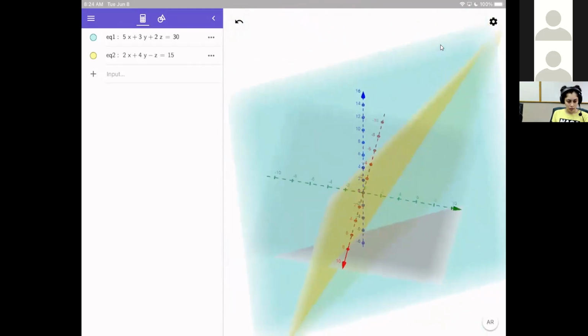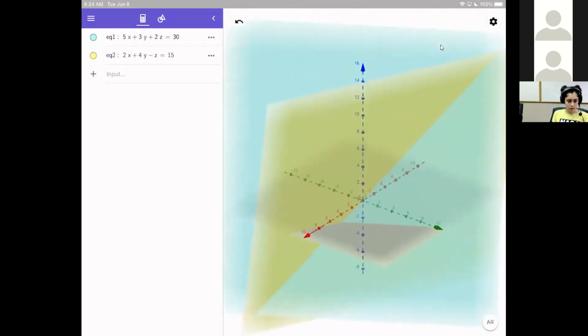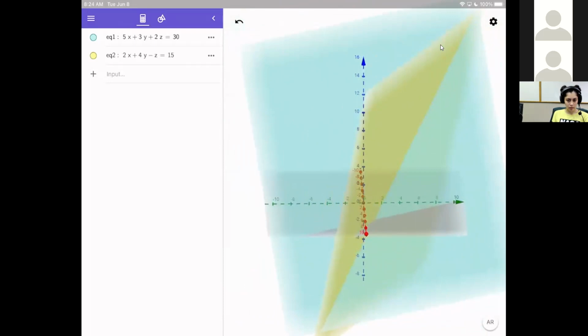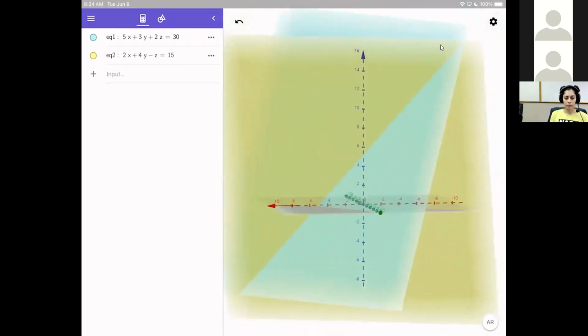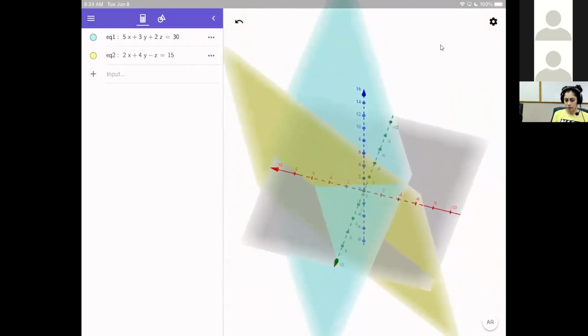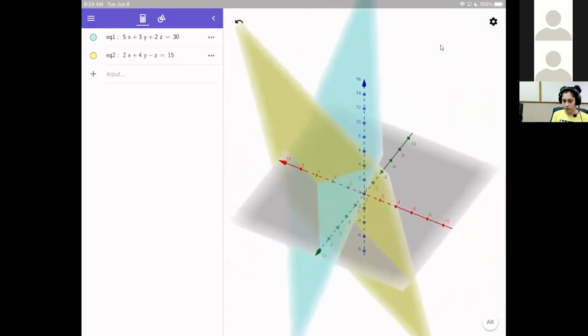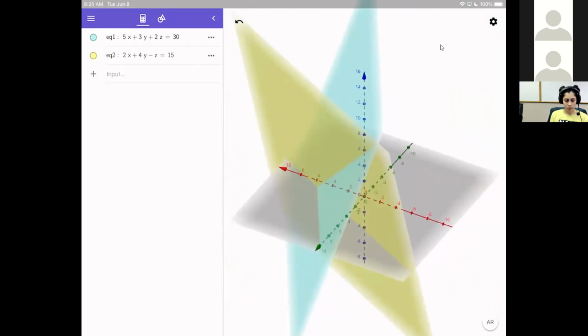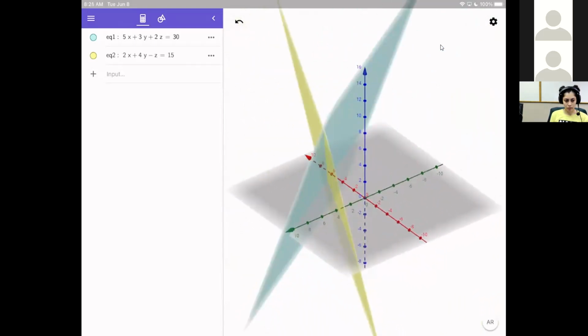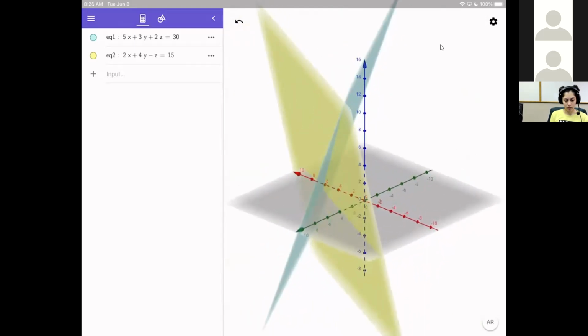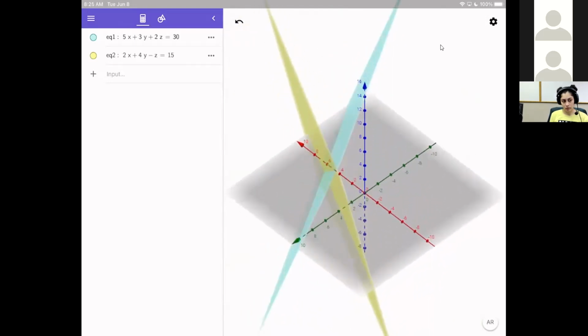You may notice I hit those little three dots just to the right of the equation, because GeoGebra comes out with both planes the same color, so I made that second one a different color. I can also turn off the floor. Notice it's built with a floor for the XY plane. I could turn that off and maybe that'd be helpful.